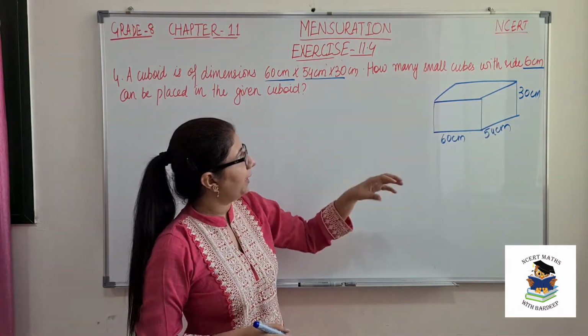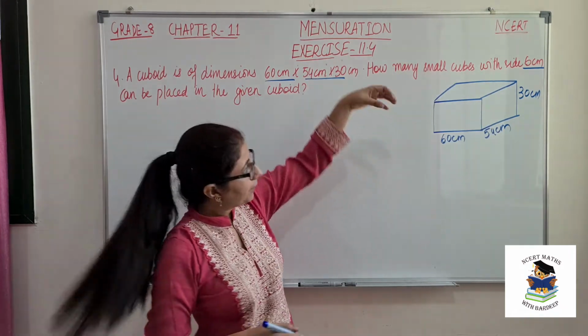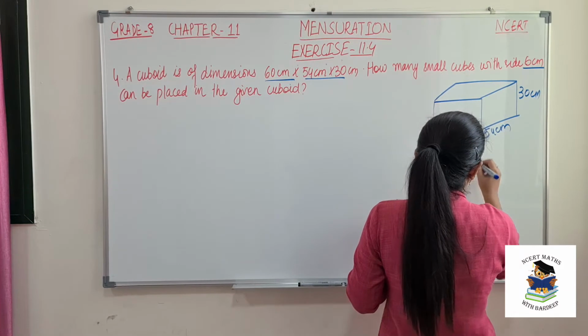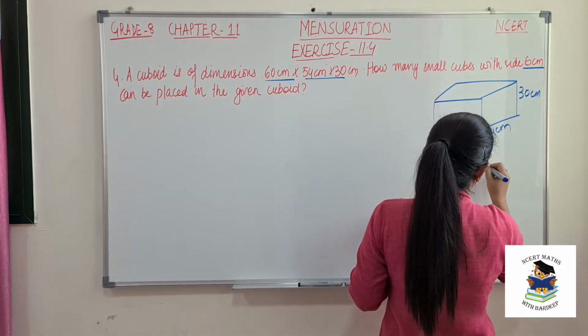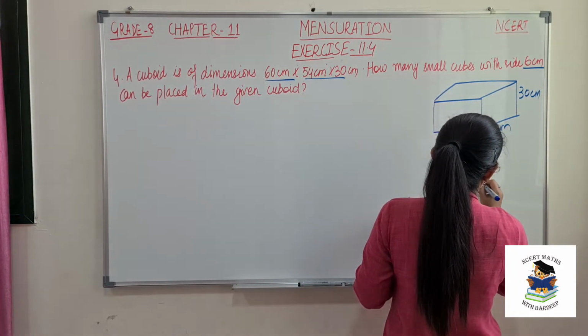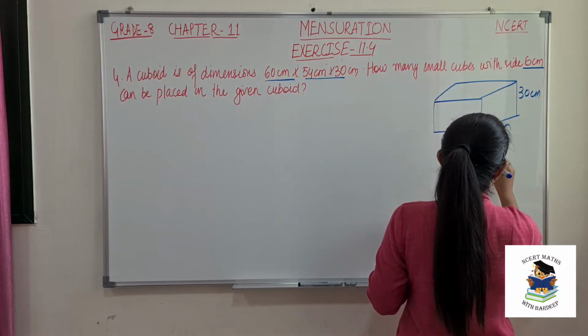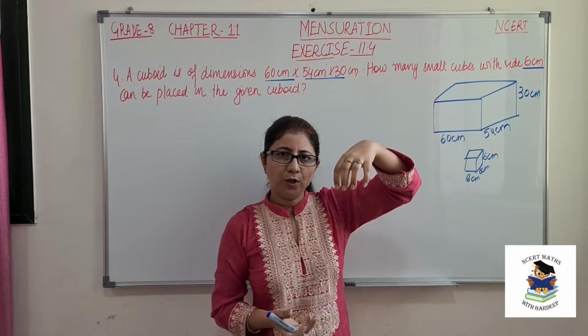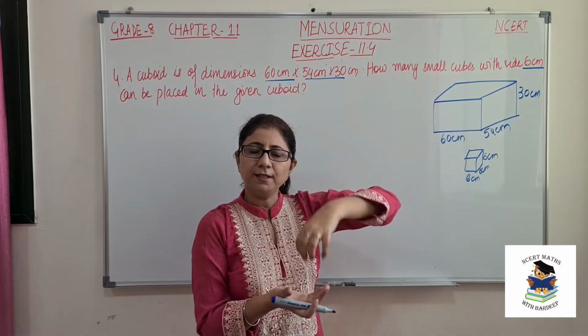And we have to place these small cubes inside it. So there is one cube whose side is 6 centimeter, 6 centimeter, 6 centimeter. So these small cubes should be placed inside the cuboid.